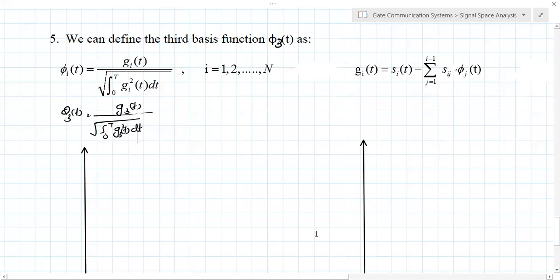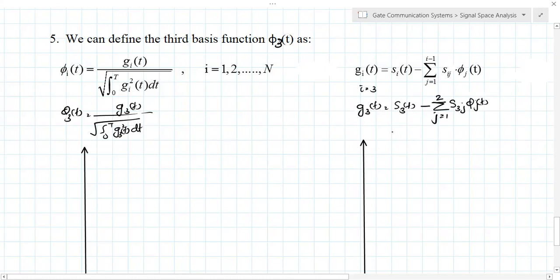So g3 of t you can calculate by using this particular equation. So g3 of t is given by s3 of t, here i is equal to 3. So you can substitute i equal to 3 in this equation. So you'll get s3 of t, and j is equal to 1 to 3 minus 1, that is 2, s3j phi j of t.